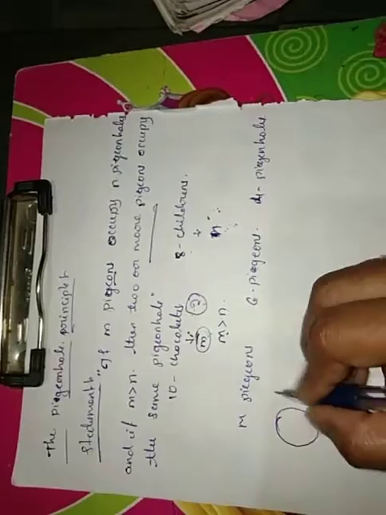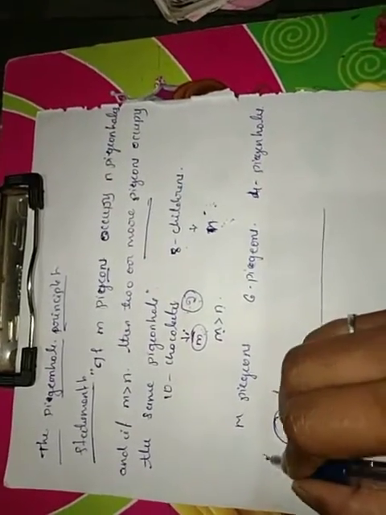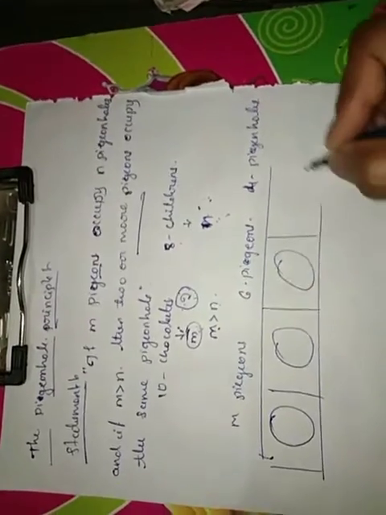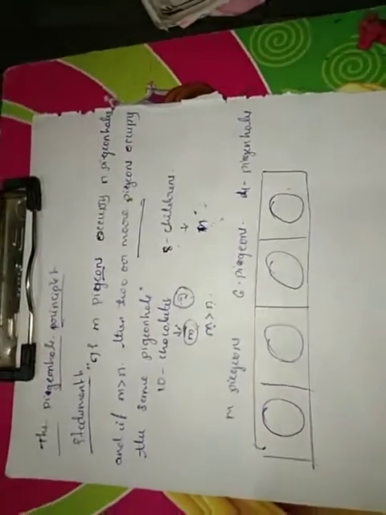I am just representing the pigeonholes in terms of circles. You have to distribute these 6 pigeons among these 4 pigeonholes, which means 6 pigeons occupy the 4 pigeonholes. Then at least one pigeonhole must contain 2 or more pigeons in it.